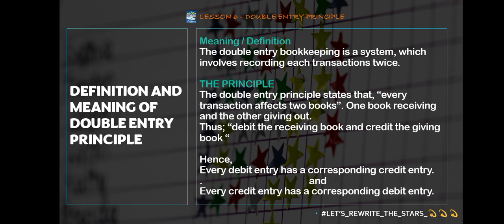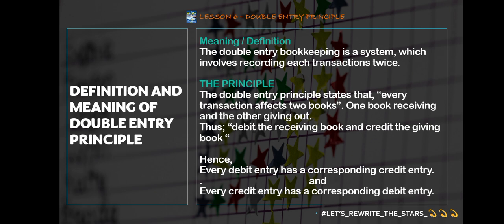So if we are entering a transaction in a double way, it means we are recording it twice. Any transaction you see, you record it twice. That's the basic understanding of double entry bookkeeping. Every transaction is recorded twice.